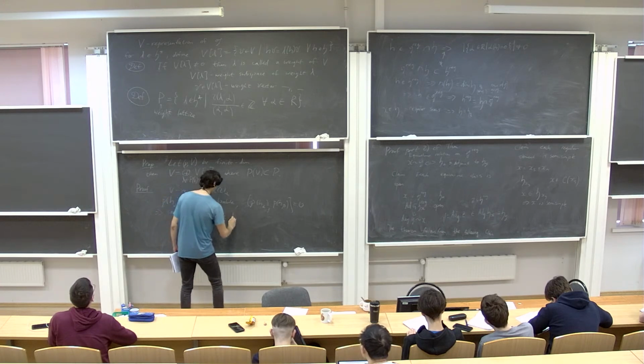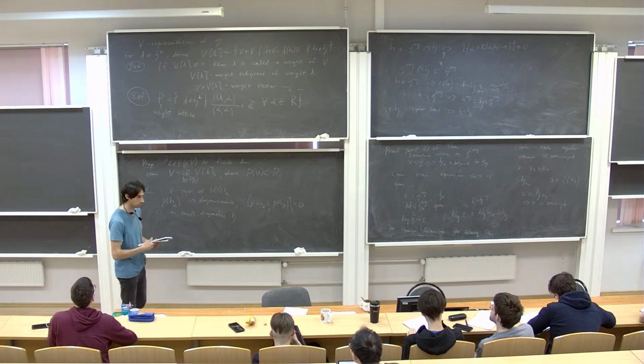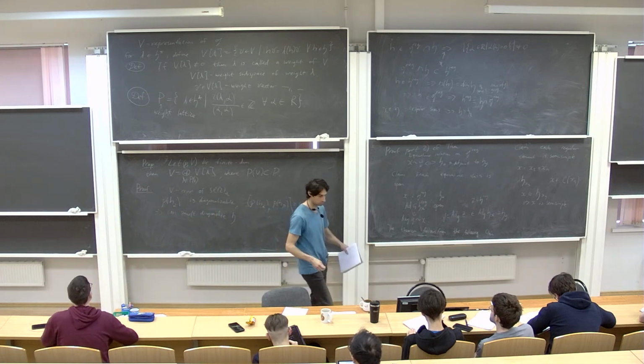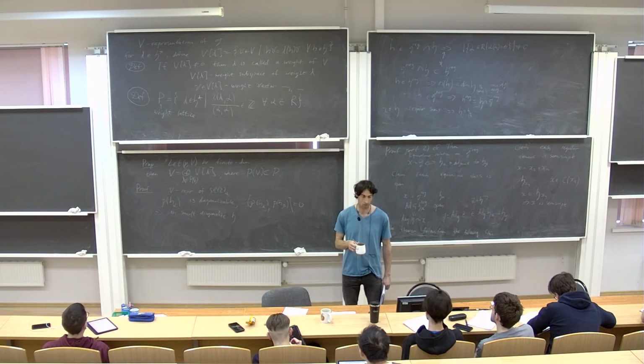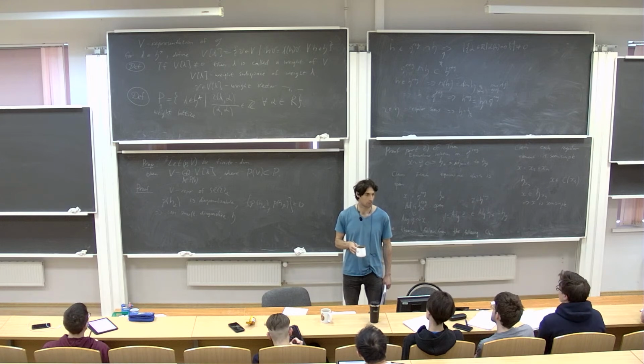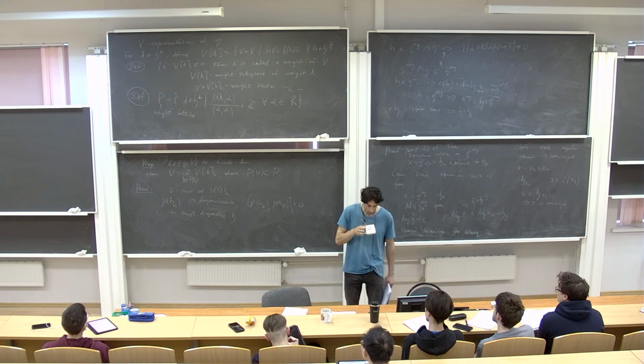We assume that there is some fixed root decomposition of G, so we keep everything that we had for the semi-simple algebra. We have a Cartan subalgebra, we chose one, and here it's fixed.